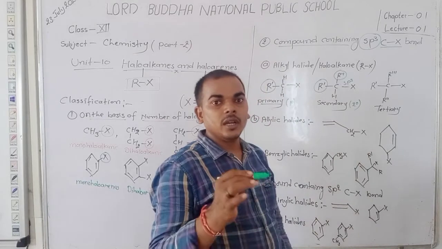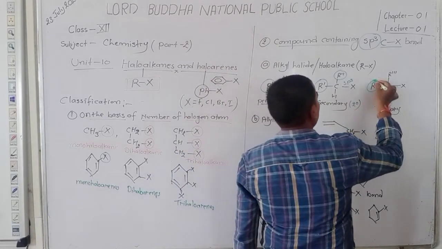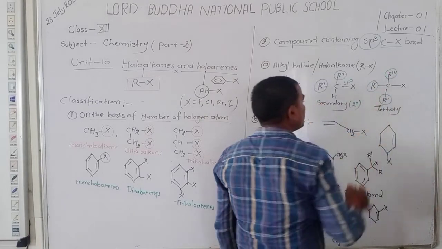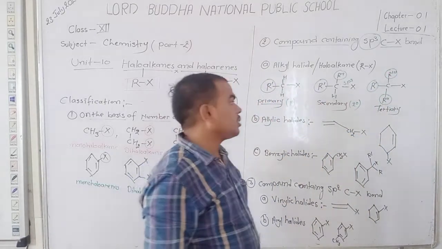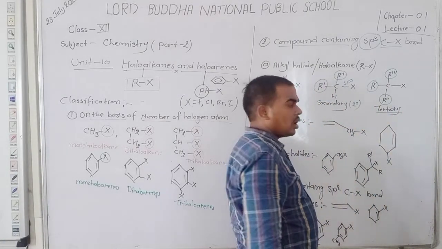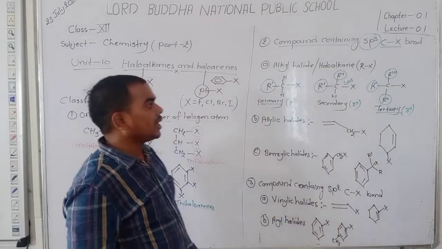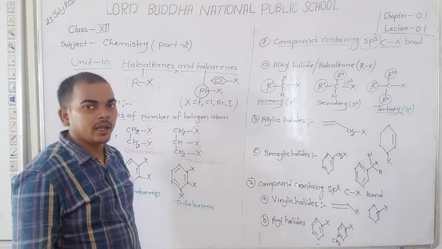It means it has sp3 hybridization, and this carbon also contains three alkyl groups, that is three hydrocarbon chains. It is known as a tertiary haloalkane or 3 degree haloalkane.